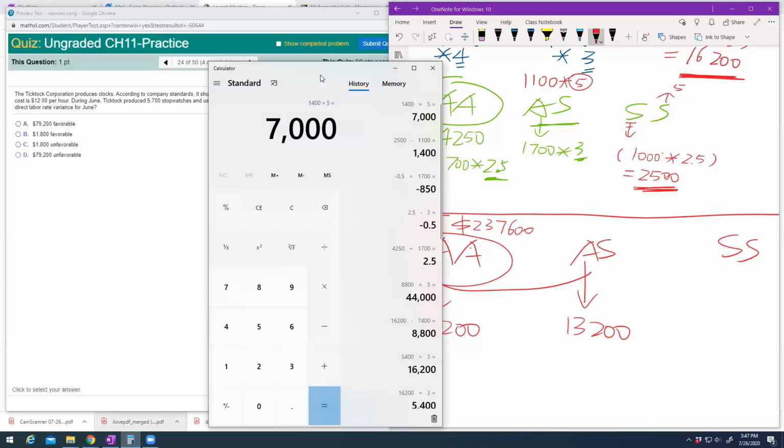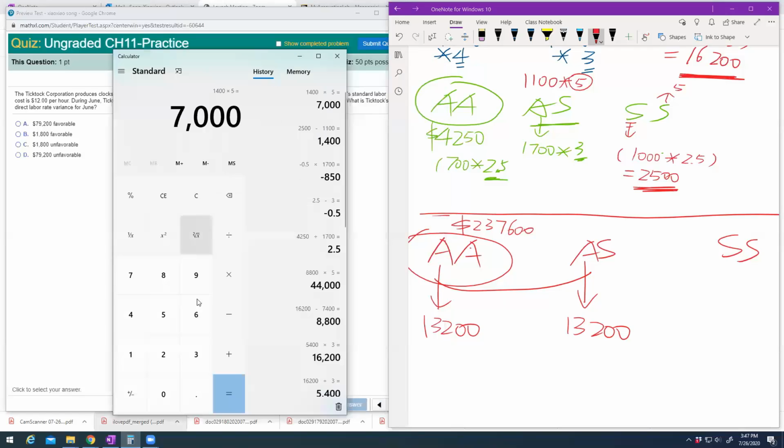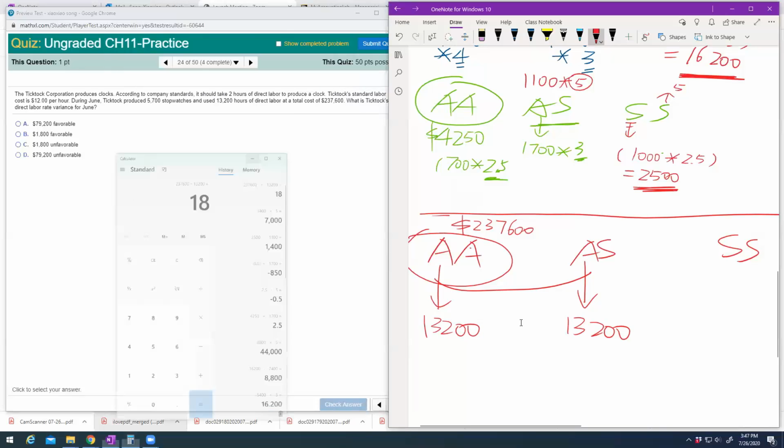You can just use it directly, but I want to figure out the rate. 237,600 divided by 13,200. So each is 18.